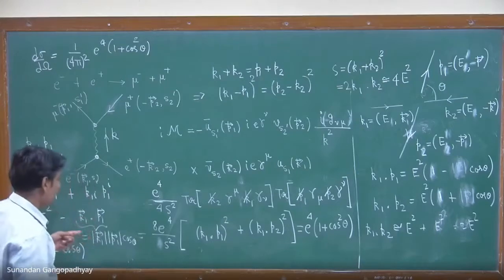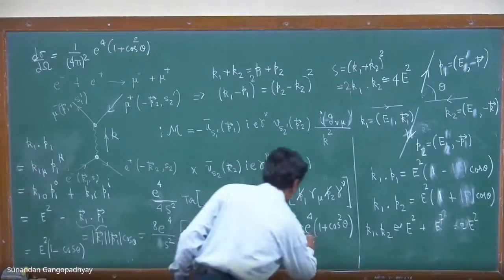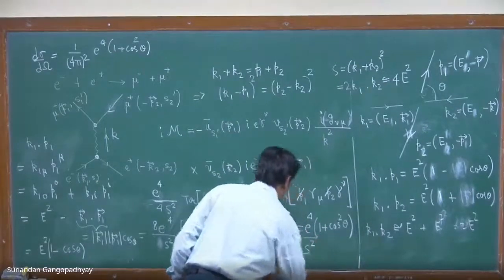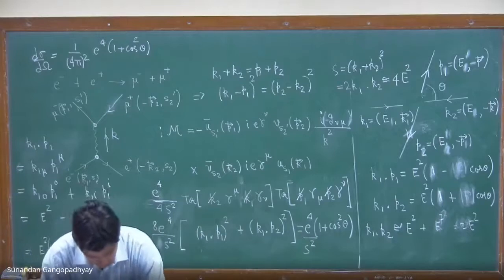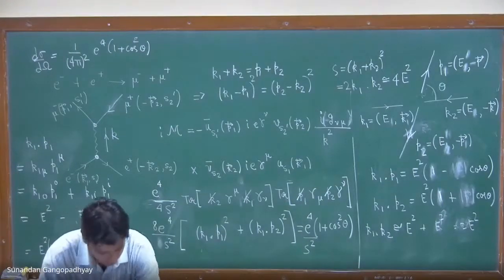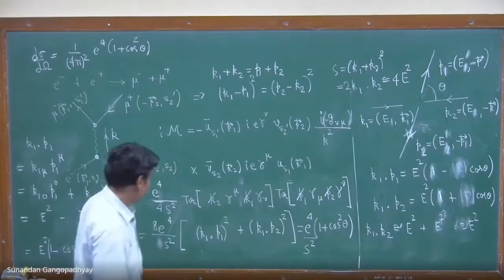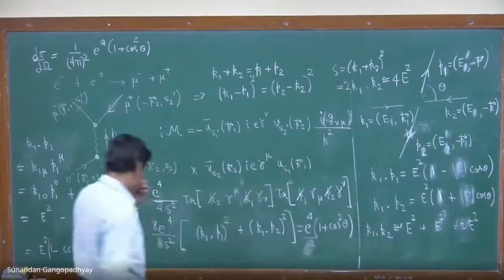And I think I missed a factor of s square. There is an s square sitting over here. Did I miss it? No, there is no s square. Just a minute, let me check the factor of s square.